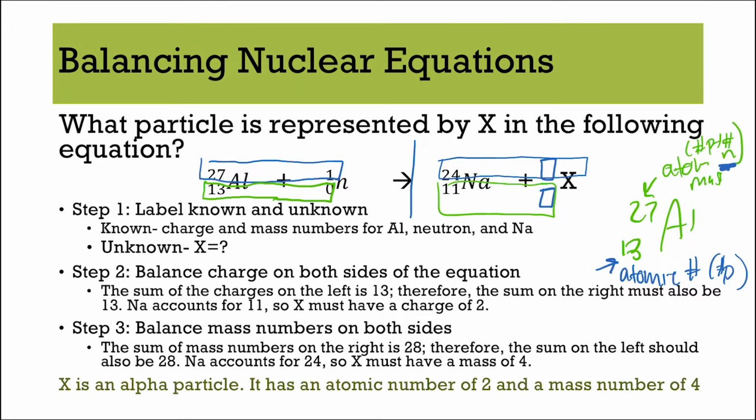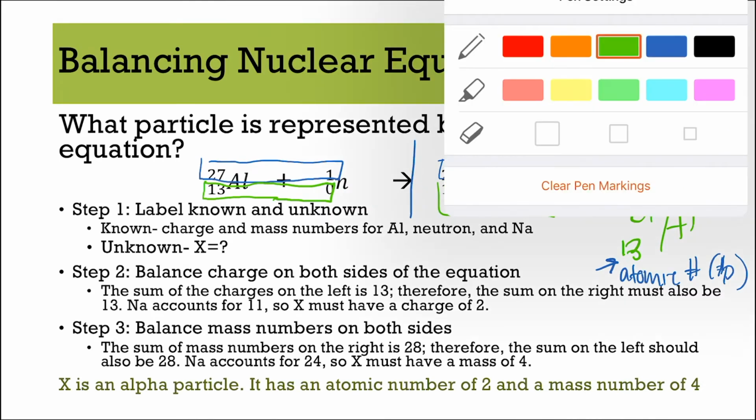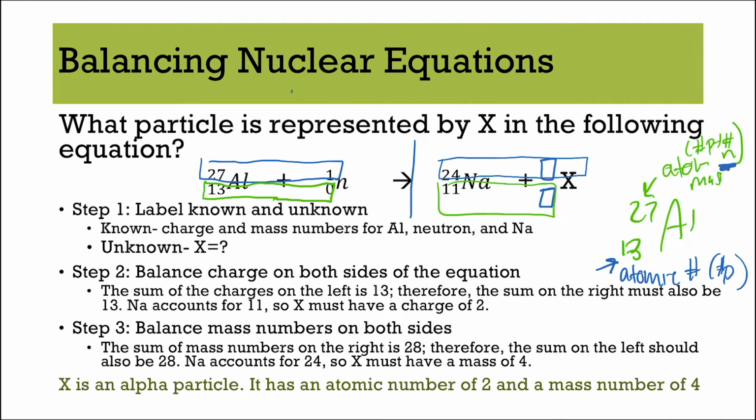If we focus on the top one first, we have 27 plus 1 needs to equal 24 plus something. 27 plus 1 is 28, and that has to equal 24 plus something. And you should be like, well, duh, that empty blank box has to be 4.